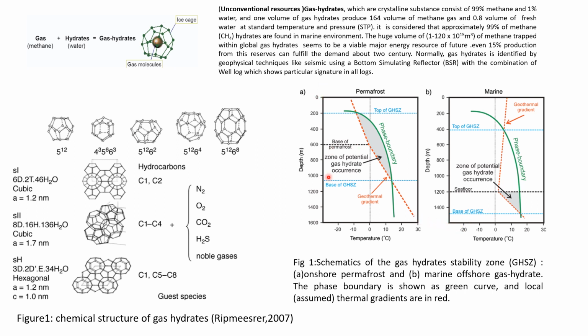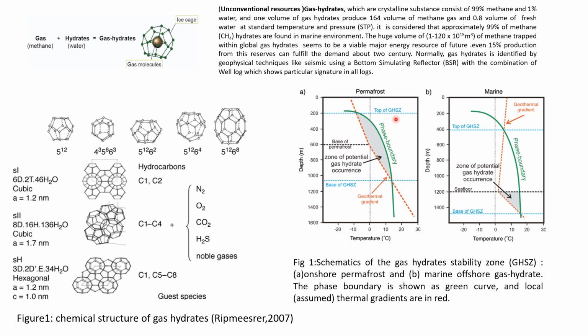This vertical axis shows the depth, and this horizontal axis shows the temperature. Here the green line shows the phase boundary, and the red line indicates the geothermal gradient. It cuts at 2 points, here and here, and where it cuts the phase boundary curve, this shows the stability zone for gas hydrate.